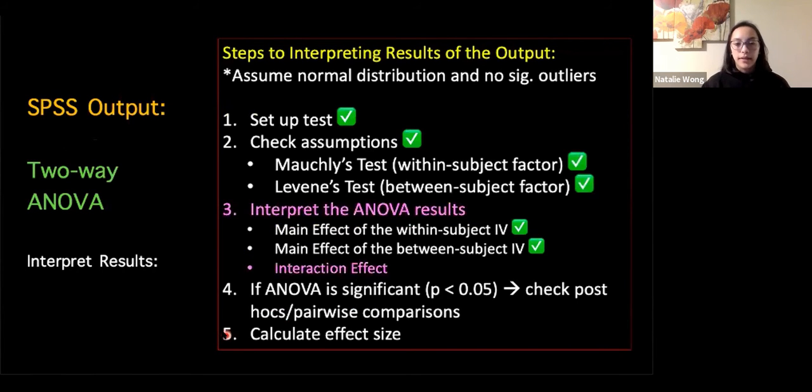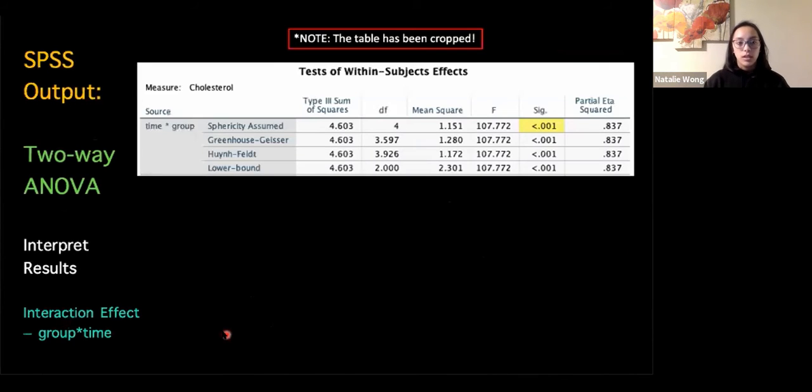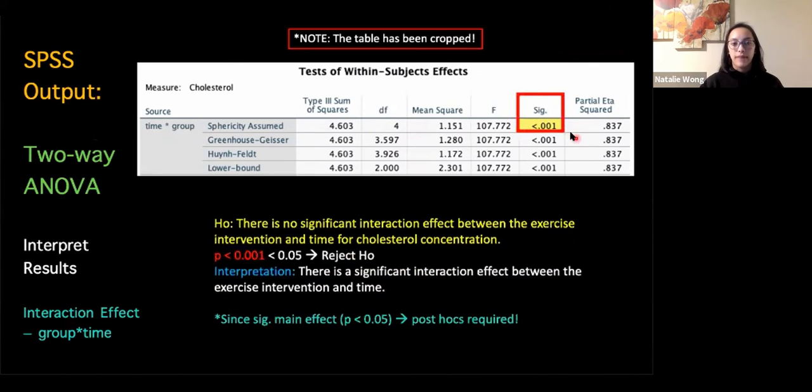Then we look at our interaction effect, which was noted in our within subject effects table. Again, this one's cropped from the table I showed you the first time. But we see our interaction is listed with a p-value of less than 0.001. The null hypothesis for our interaction effect is that there is no significant interaction effect between our two independent variables, exercise intervention and time.